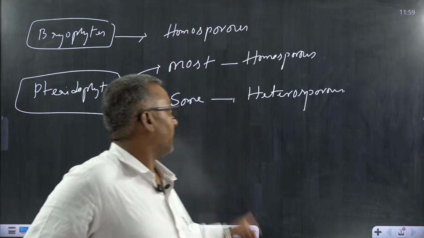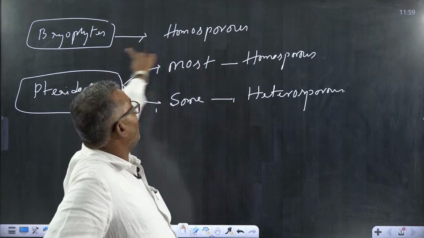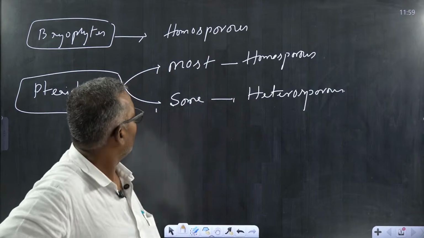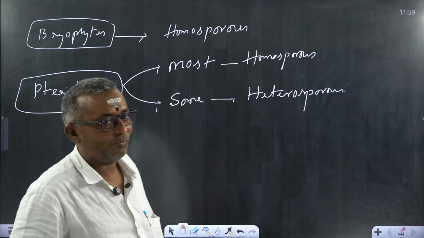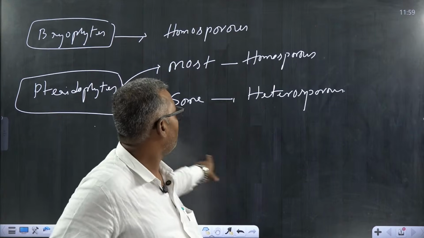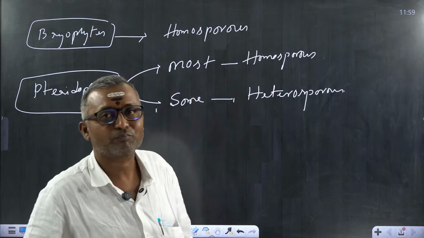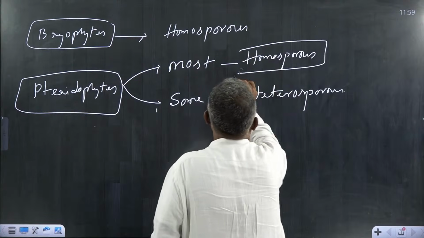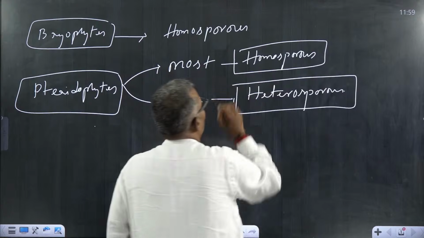So now let us go back. Here I said all bryophytes are homosporous, whereas with regard to the pteridophytes, most of them are homosporous, some are heterosporous. What do you mean by homosporous and heterosporous? Let us see first.